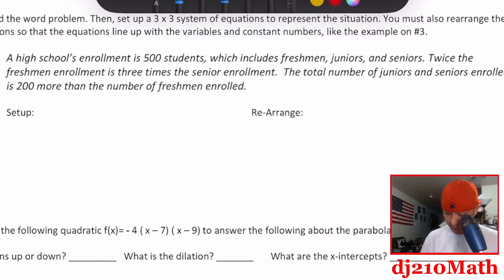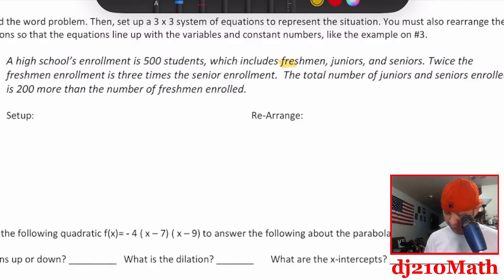It includes freshmen, juniors, and seniors. So we have three things. When we add them up, the total needs to be 500 because that's what it says. The school's enrollment is 500 students.